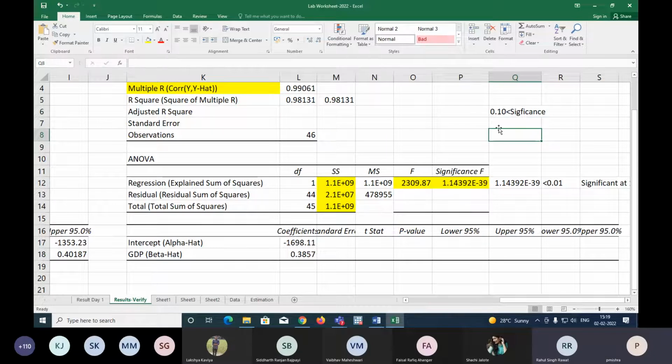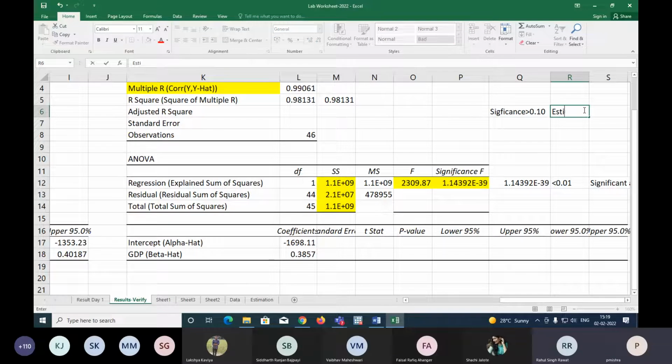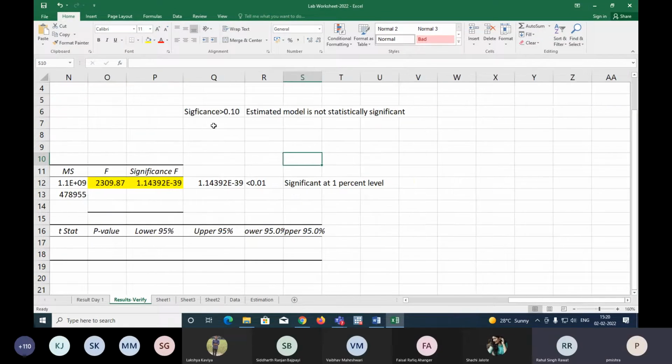Then we'll say the estimated model is not statistically significant.